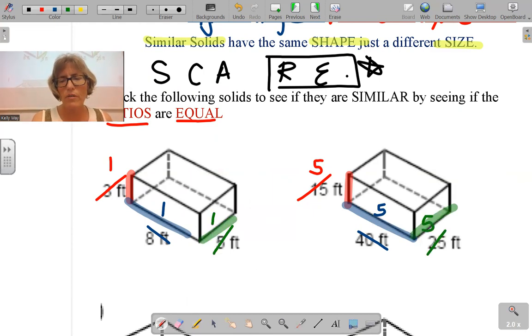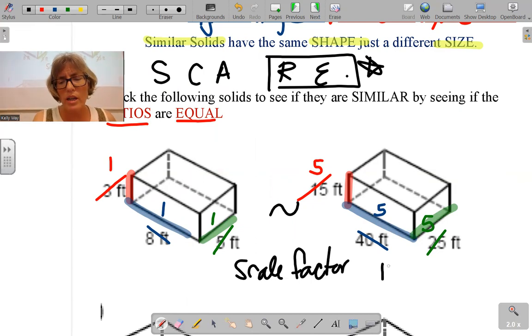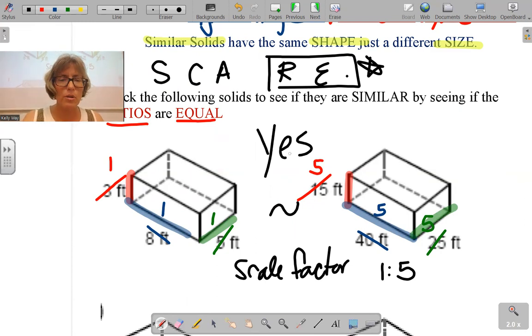Also 1 to 5. So my ratios are equal, they are similar, and my scale factor, working left to right, is 1 to 5. Scale factor, ratio of the sides, simplified. So this was a yes, they are similar.